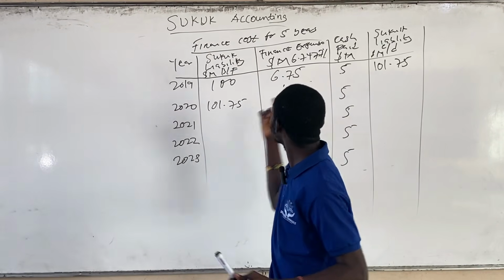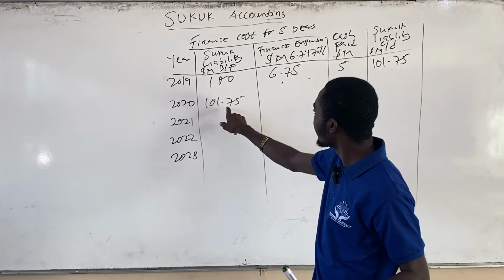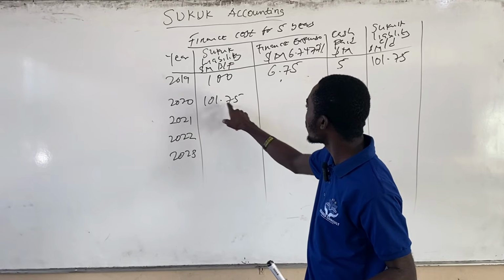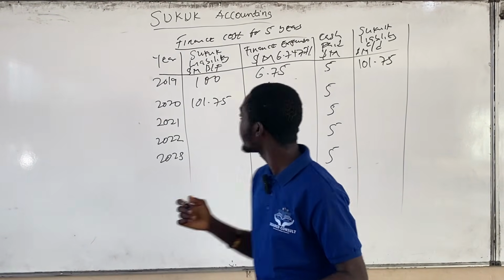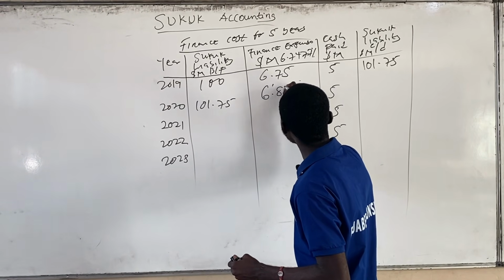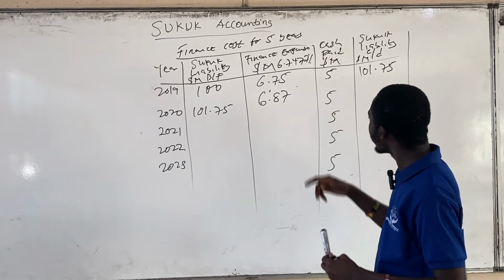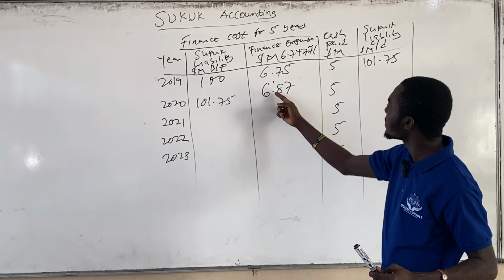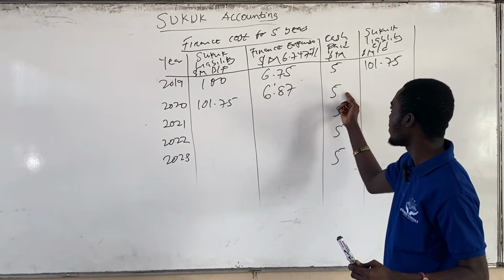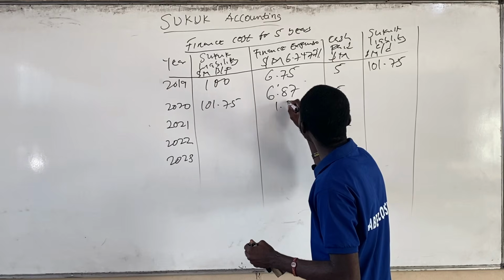And then if you find the percentage on the 101.75, you get 6.87. And then again they paid only 5 million. So you find the difference between 6.87 and 5 million, you get 1.87.